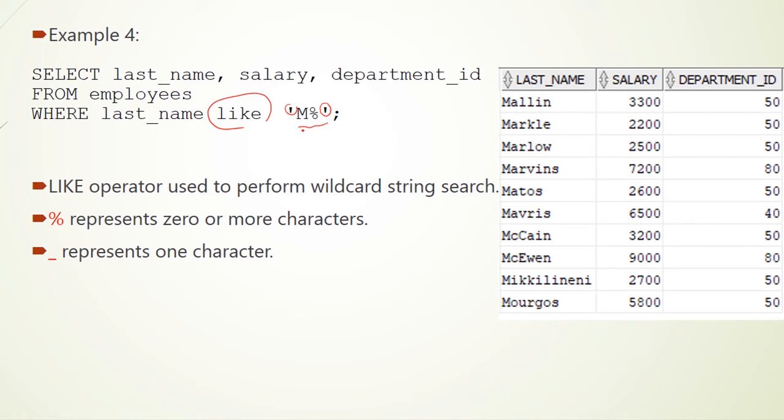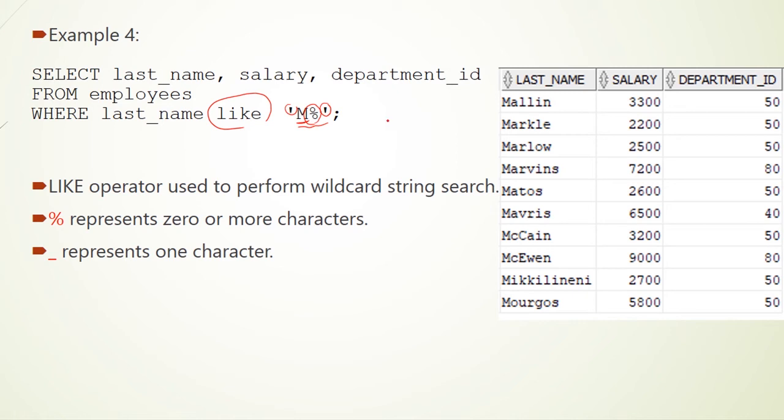Underscore can also be used with LIKE to represent only one character. So here this condition, WHERE last_name LIKE 'M%', means return all employees where the last name starts with capital M. This percent represents 0 or more characters.